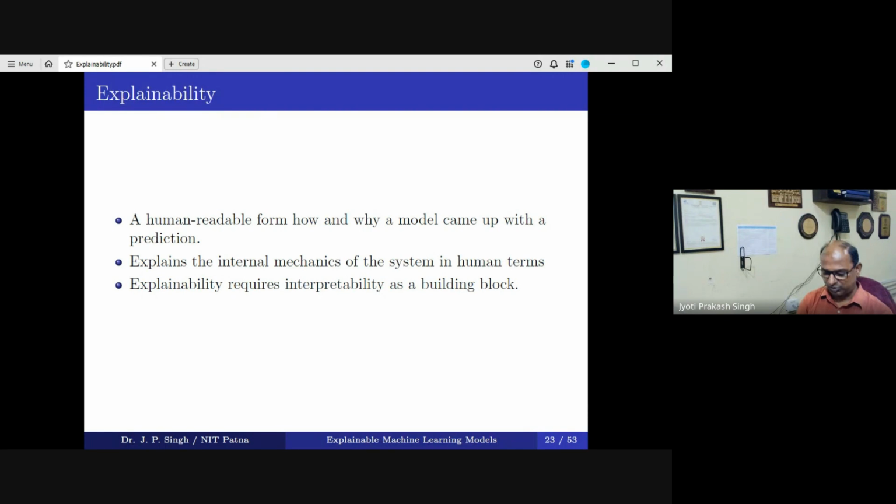Most of the books and works available concentrate mostly on interpretability, because if we have interpretability, we can get a lot of information and explain to some extent to human beings also. Interpretability basically refers to the model's property, and explainability is how easy it is for a human to understand.